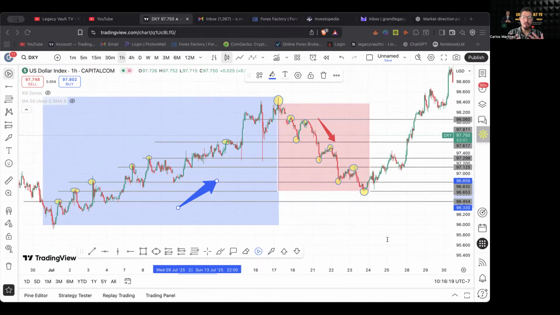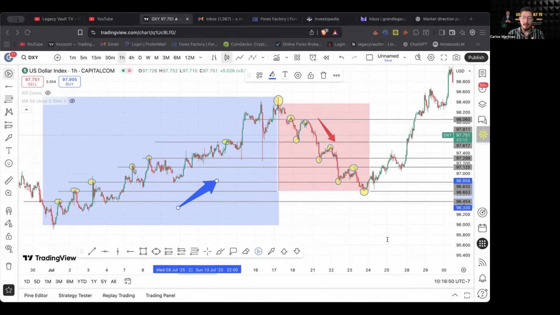Now, break of structure shows that order flow is strong. Whether it's buy or sell order flow, it's so strong that the market is likely to continue in that direction. Now, let's look at a retest. What is a retest? After there's a break of structure, price often pulls back, AKA a retest, to the broken level or zone.